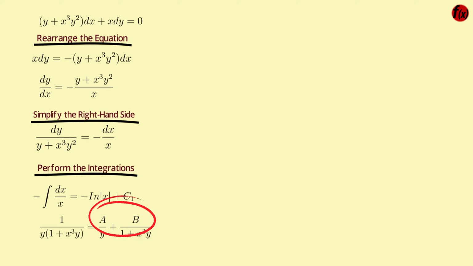Solving for a and b will be complex. Thus, we can switch to solving it directly.